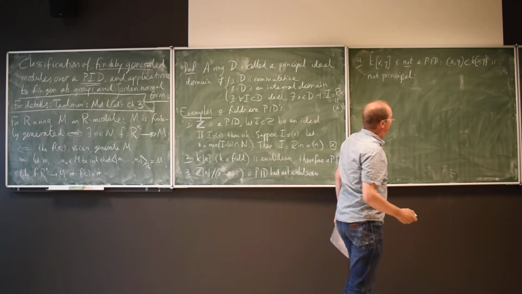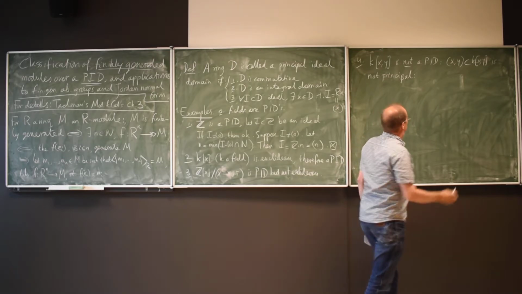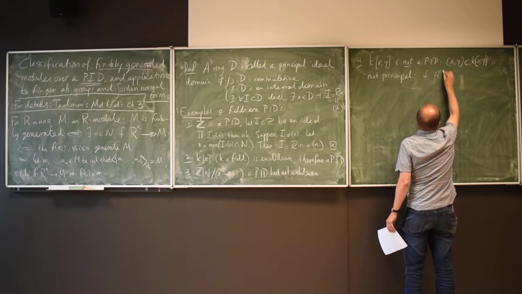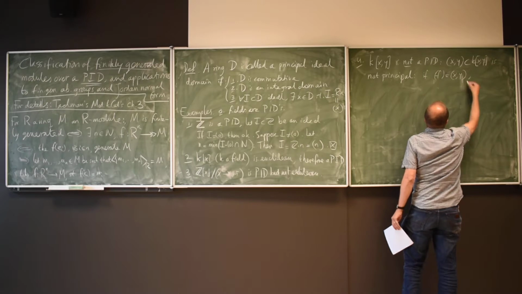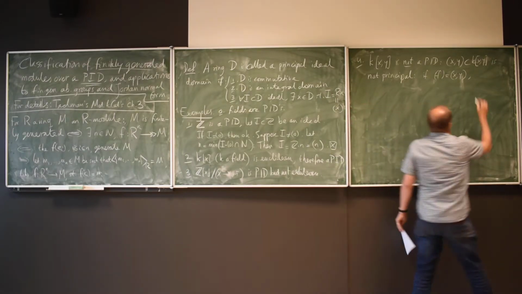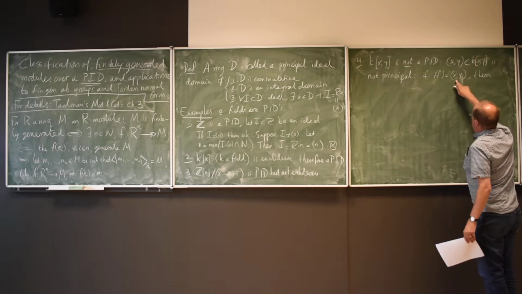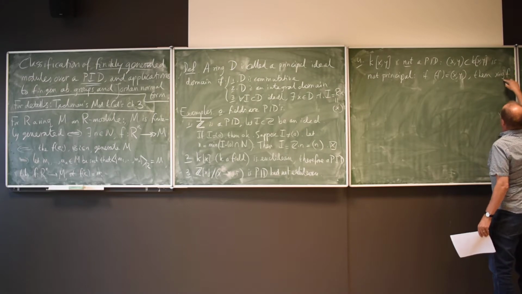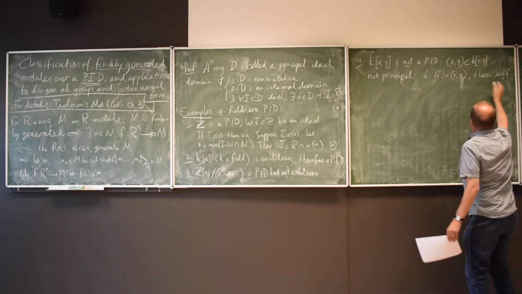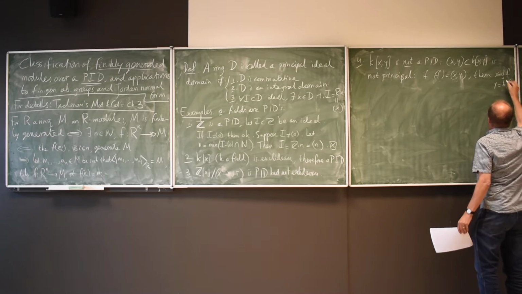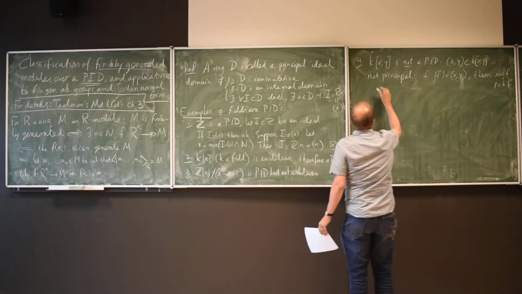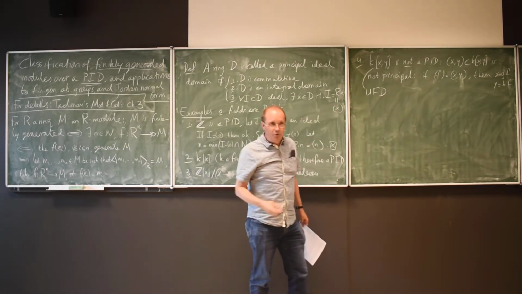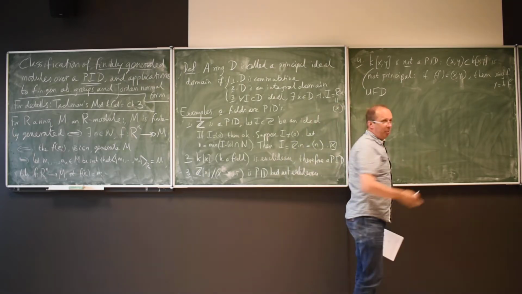Well, if the ideal were generated by f, if you could generate it with one element, then this x is an element in the ideal, so x is g times f for some g, right? And also y is h times f for some h. But this ring, we know it is a unique factorization domain, right? This you learn. And x is actually a prime element.